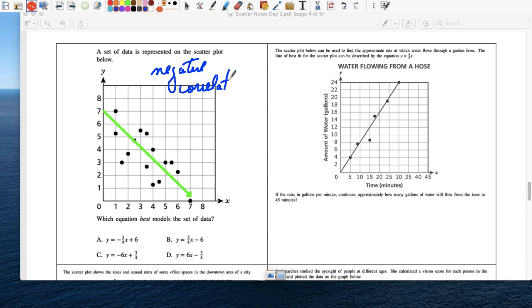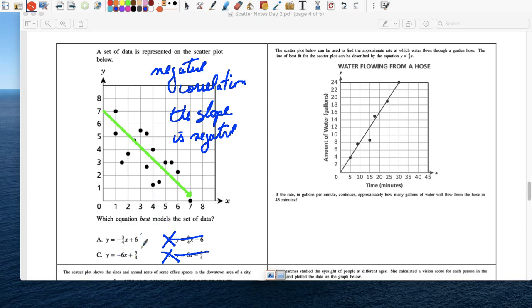Why is that important to know? Well, if it's negative correlation, the slope is negative. If I look at my multiple choice answers, B is a positive slope because it's 3 over 4. D is 6, also positive. So right off the bat, you can cross these two out. You don't even have to look at them. Between the remaining two, they both have negative slopes, negative 3/4 and negative 6.